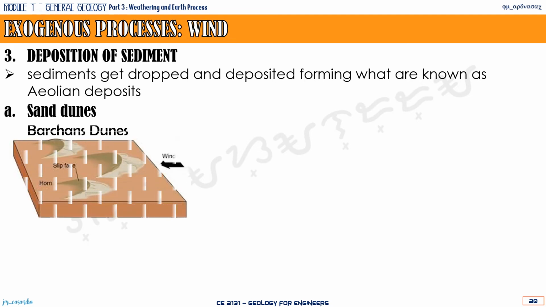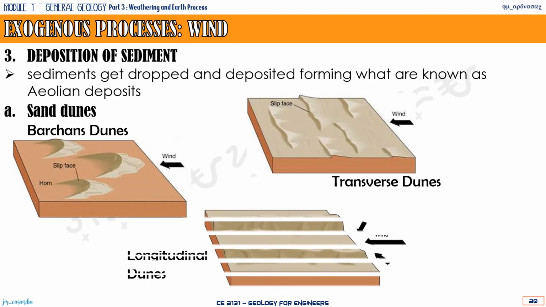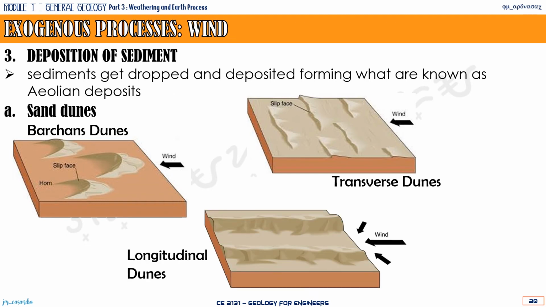The first one is your sand dunes, which can either be a Barchan dune, a transverse dune, or a longitudinal dune. Basically, sa Barchan dunes, yung wind natin naglo-blow doon, tapos nagfo-form siya ng parang moon-shaped na area.